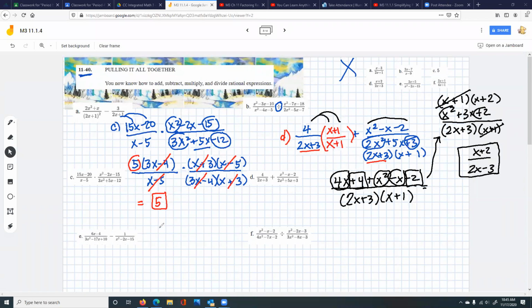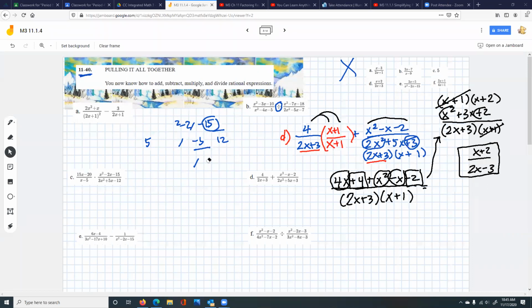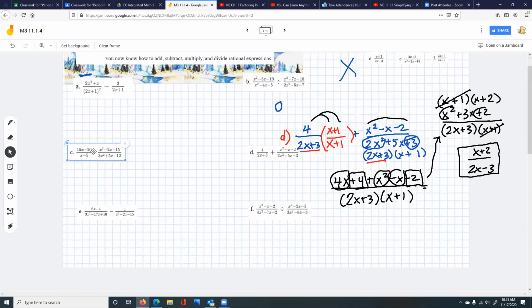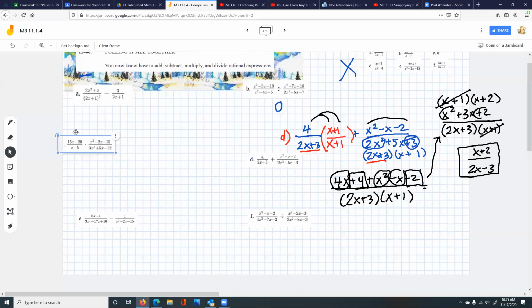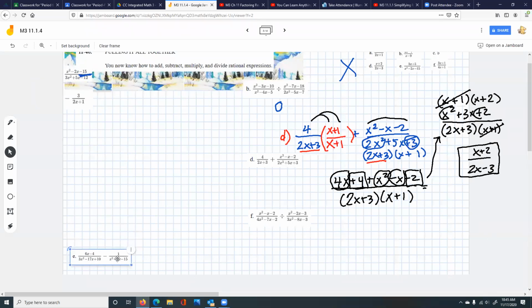let's look at E. Let me erase some of this stuff and go ahead and copy down E while I'm erasing this stuff. Need more room too, so I think I'm going to move my other problems out of the way that I already used. I'll put that down there.